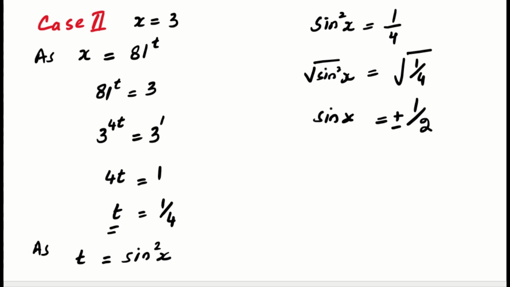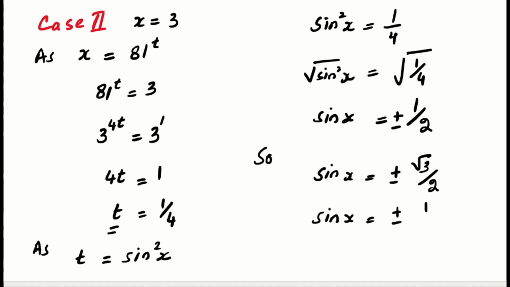So we have two values of sine x, that is sine x is equal to plus or minus square root 3 over 2, and sine x is equal to plus or minus 1 over 2. We use the unit circle to find out the value of x.